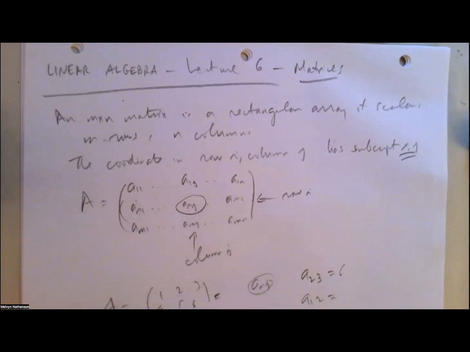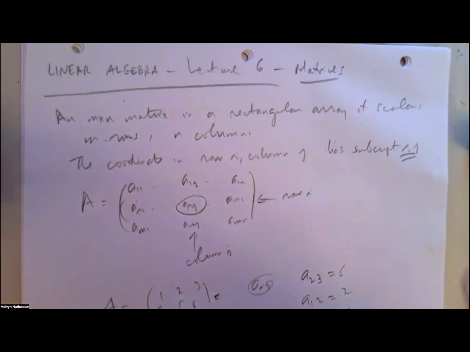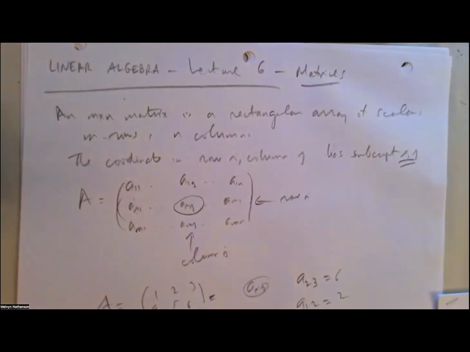A12 would be the coordinate in the first row, second column, which is 2. A21 would be the coordinate in the second row, first column, which is 4. Okay. Any questions about that?